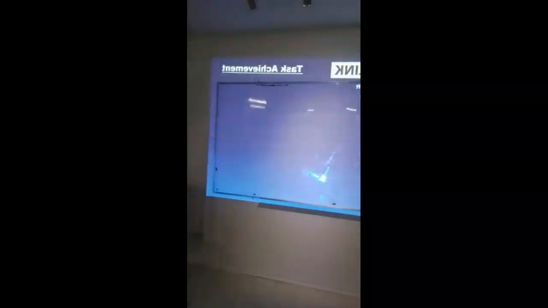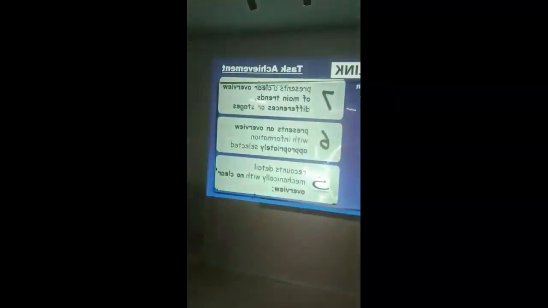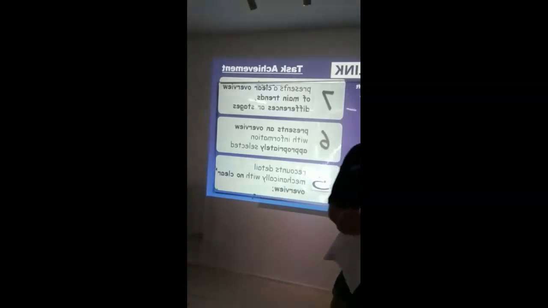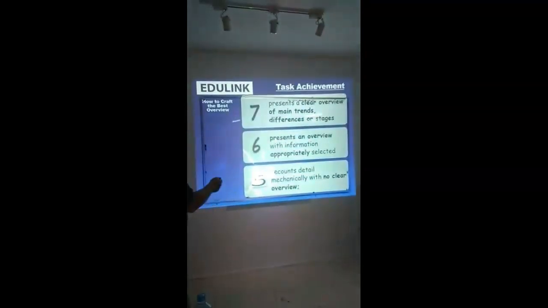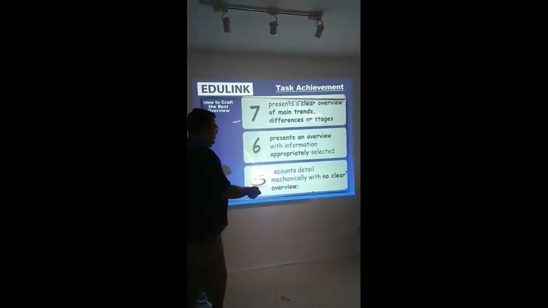Now, we look again at task achievement 5, 6, and 7. What do we see here? Overview. Every single one says overview. No overview. Information appropriately selected. A clear overview.